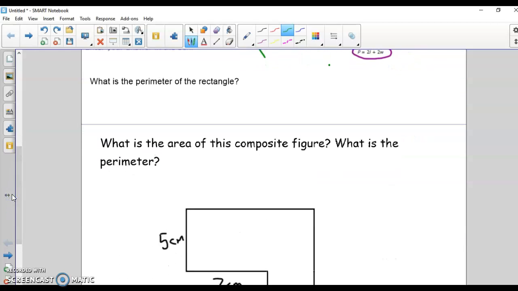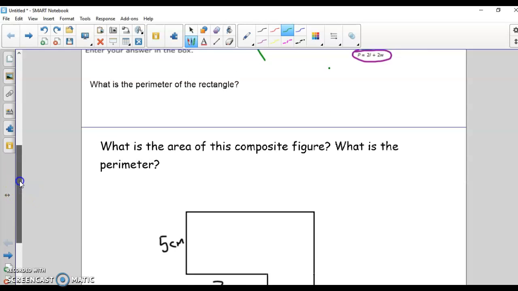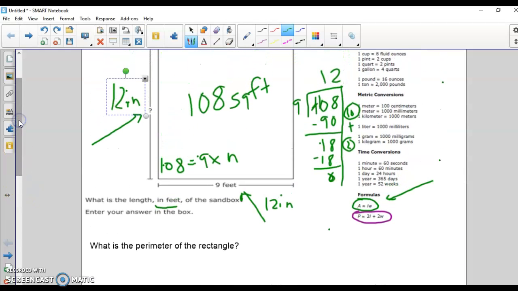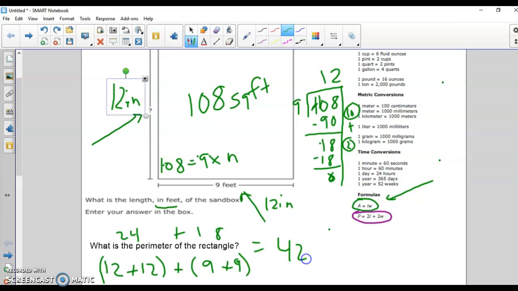Oh, it is here. What's the perimeter? Since one side is 12, you know the other side is going to be 12. And since one side is 9, you know the other side must be 9. 12 plus 12, we already said, was 24. 24 plus 18, 42 feet.